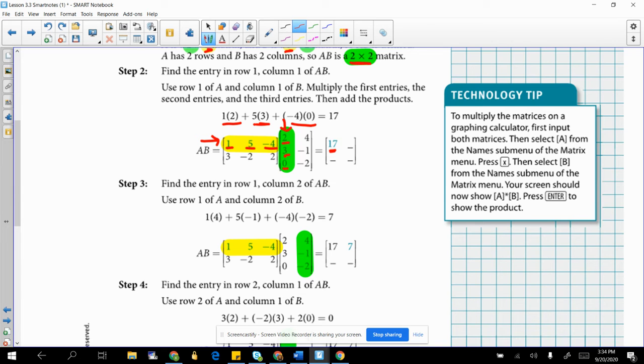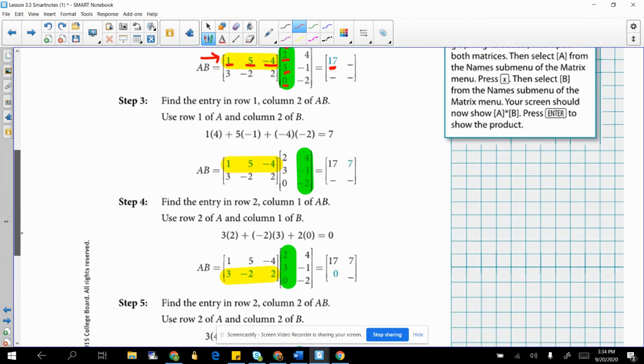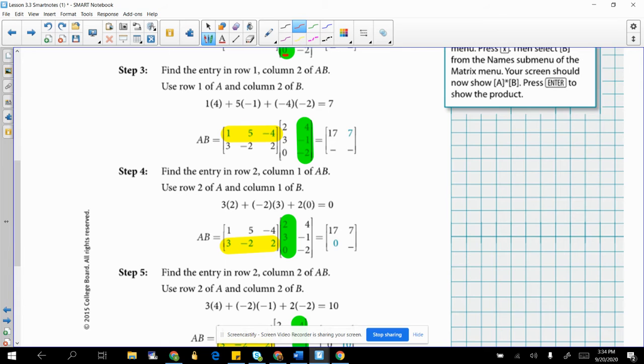Then step 2. Now let's say we want to find row 1, column 2. So again, we're using row 1 in matrix A and column 2 in matrix B. So we do 1 times 4, plus 5 times negative 1, plus negative 4 times negative 2. And that is how they get 7 and put that in the spot.